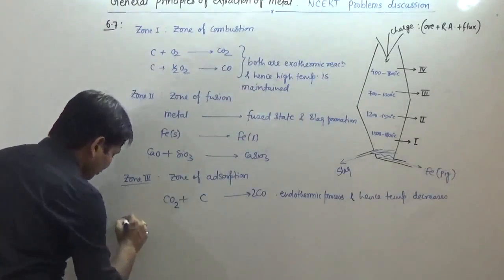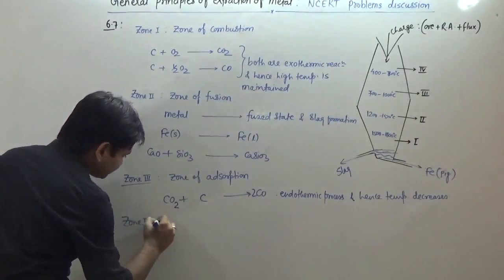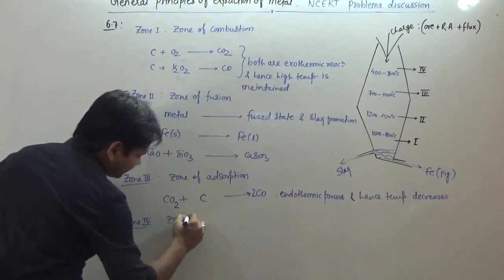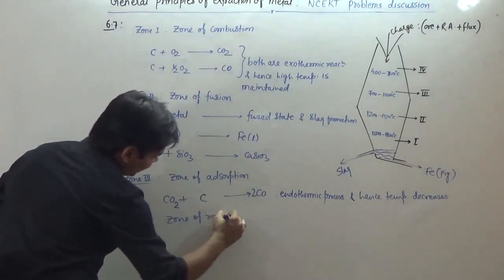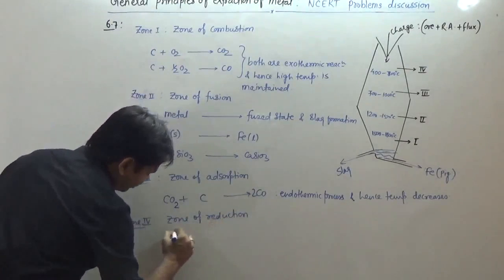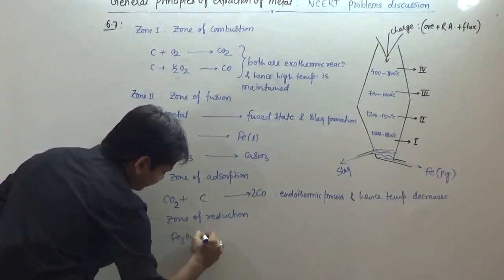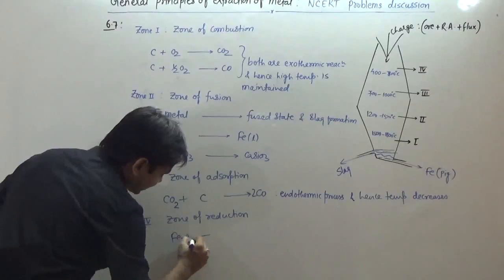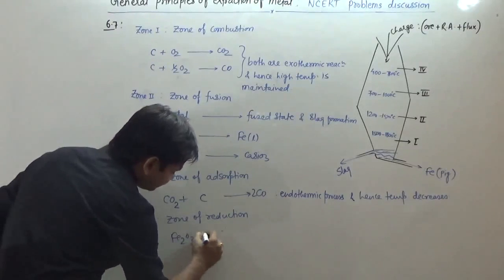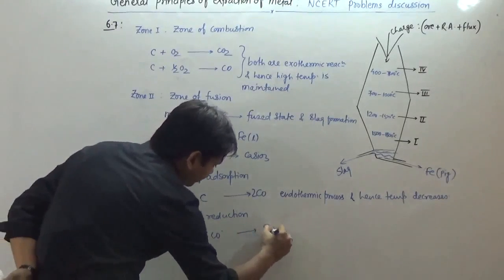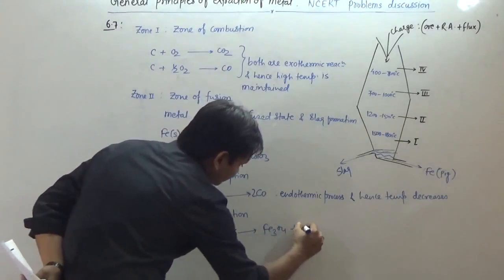And zone 4 is the zone of reduction. Here iron oxide is reduced. Fe2O3 is first reduced by CO into Fe3O4 plus CO2.